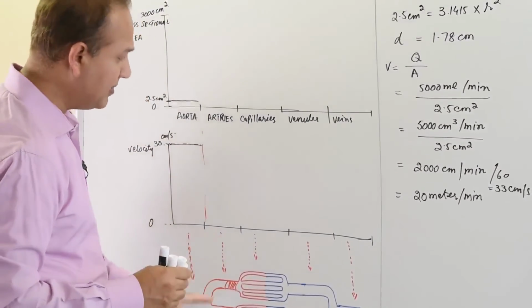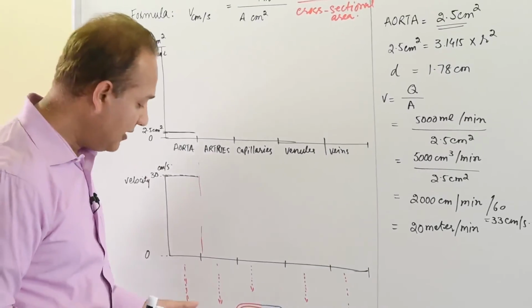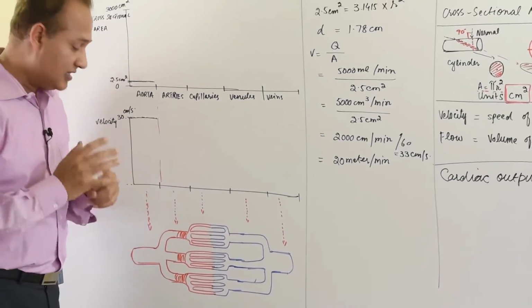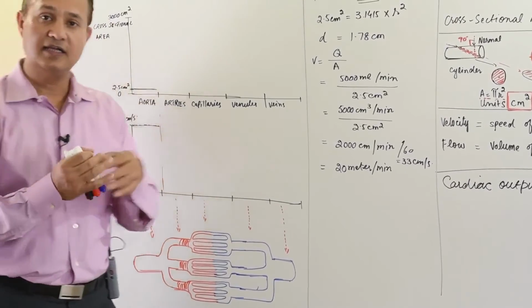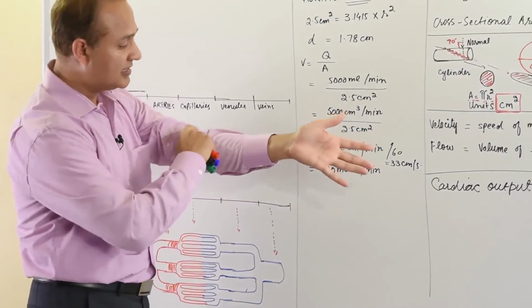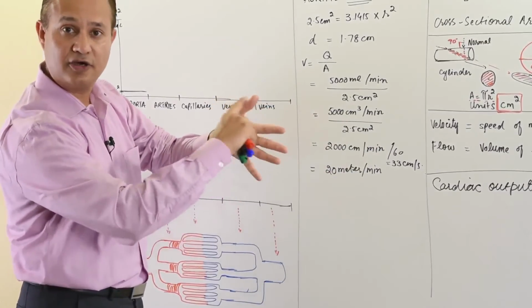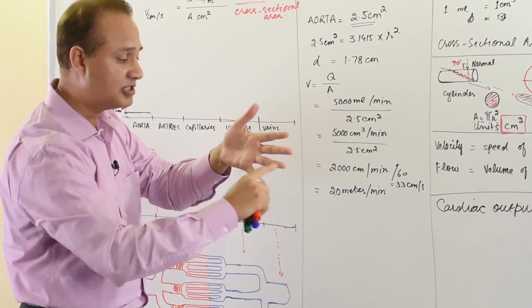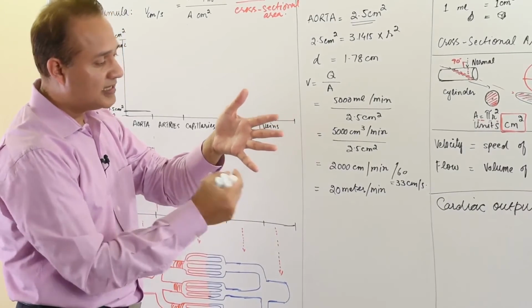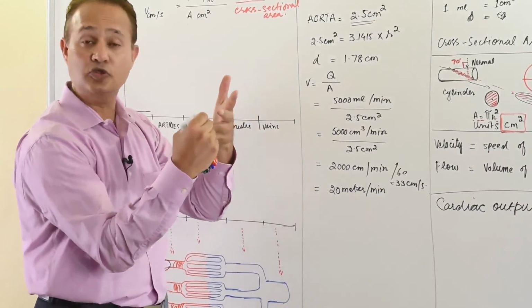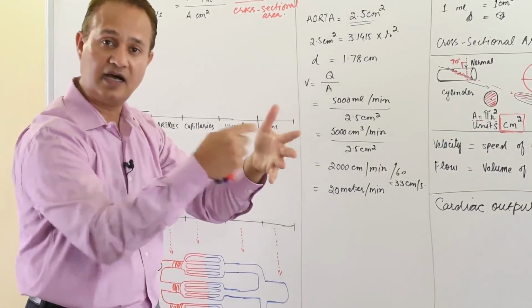Before we do the math, which is simple, what you have to understand is that as the blood vessels branch, the diameter is not looked at for the individual blood vessels. So let's say this is the aorta and this is the branching of the aorta. These are the blood vessels, arteries branching. You do not pick up one small artery, look at its diameter, and use that as your next artery.